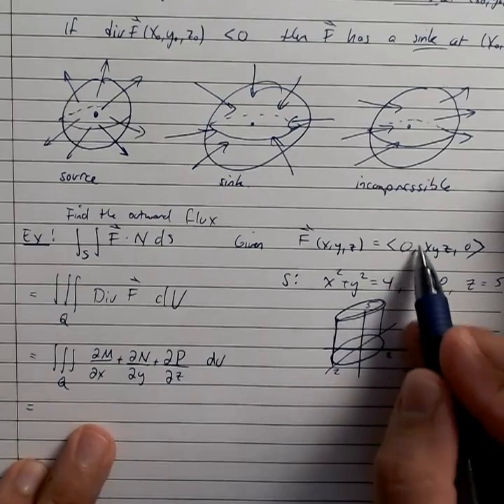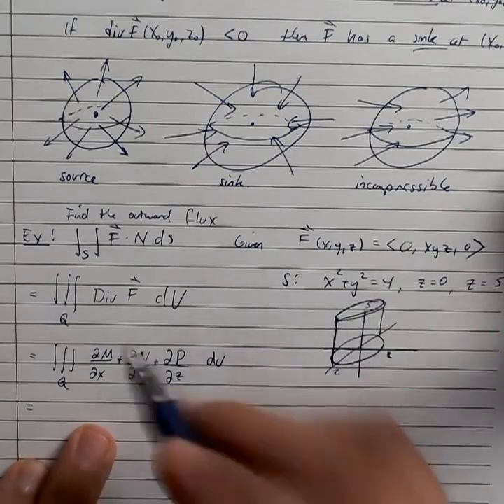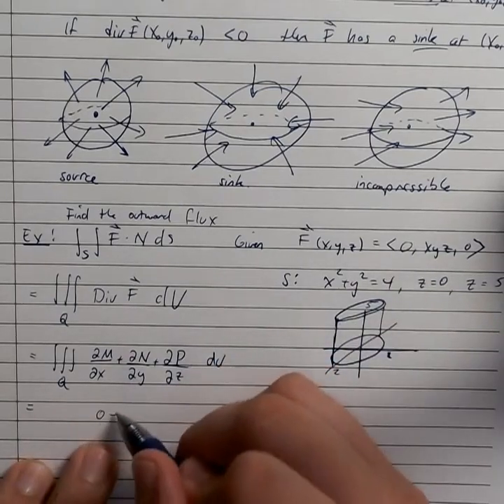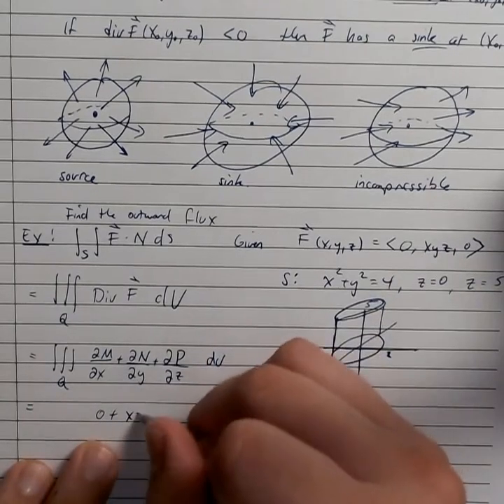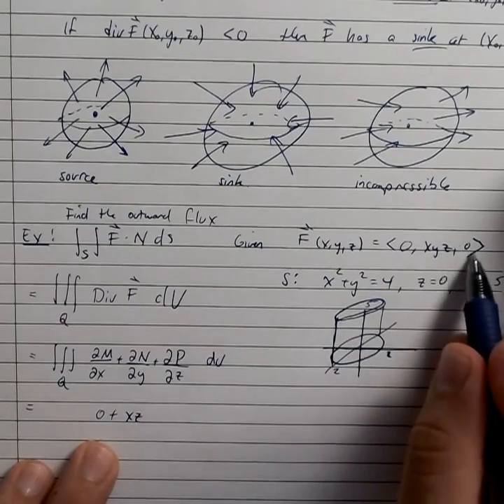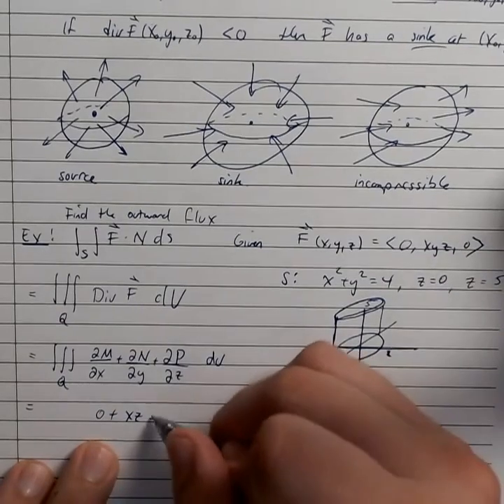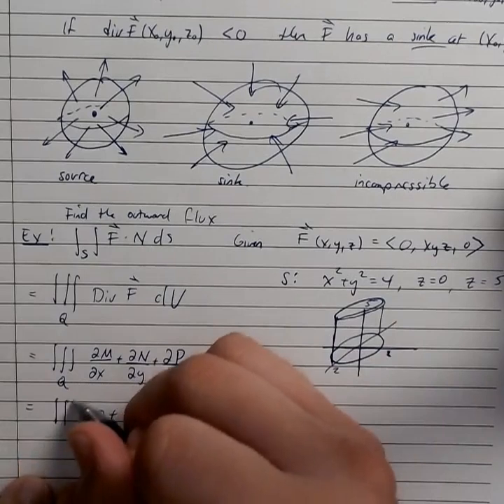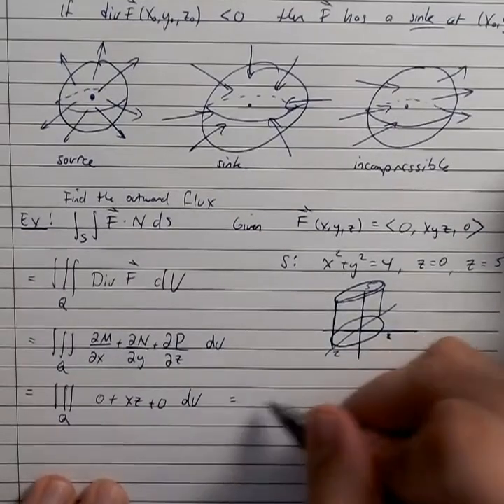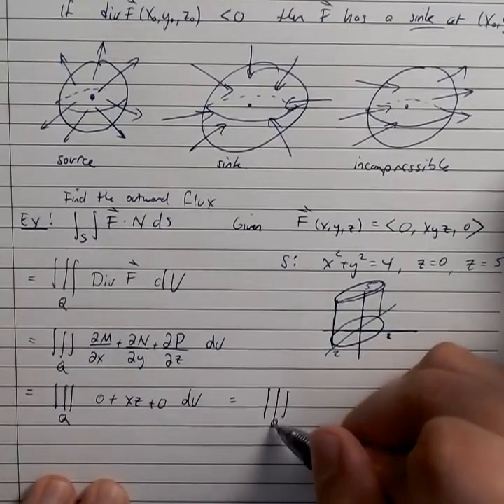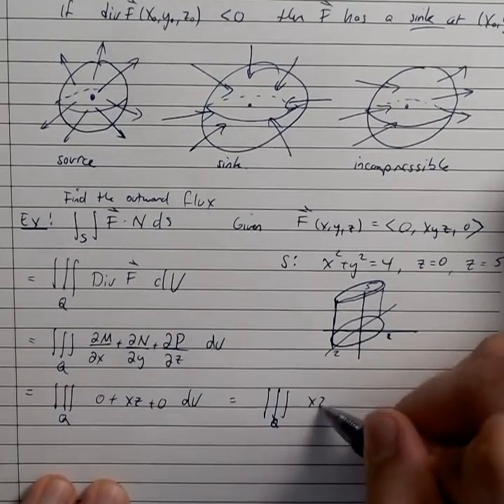The derivative with respect to x of the first component is just 0. The derivative with respect to y of the second component is xz. And the derivative with respect to z of the third component is 0 again, over the volume of Q, which of course is just the triple integral over Q of xz dV.